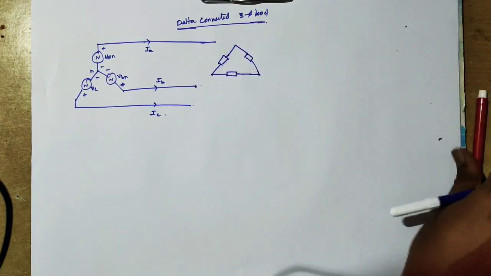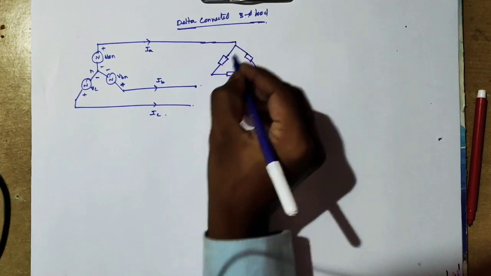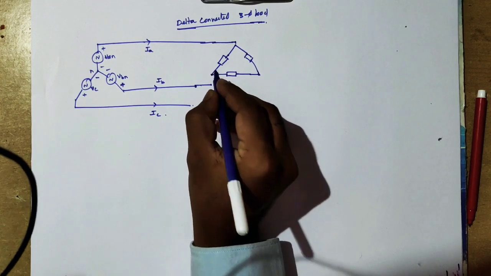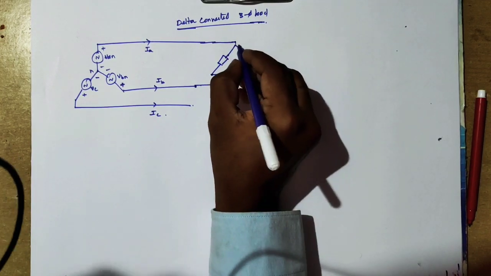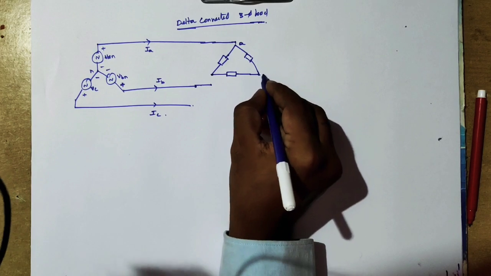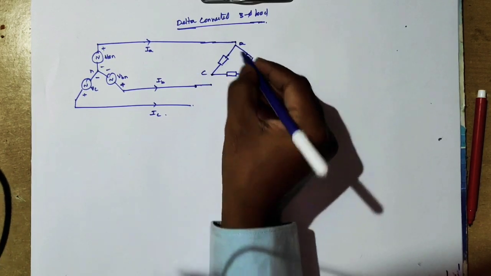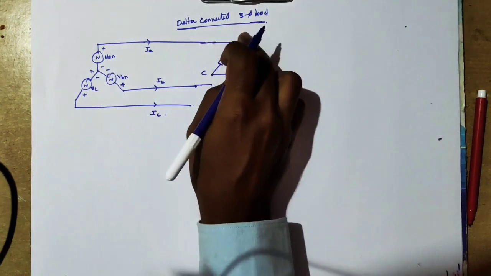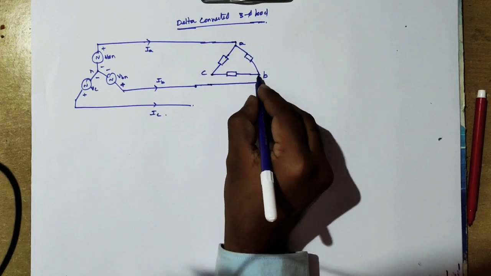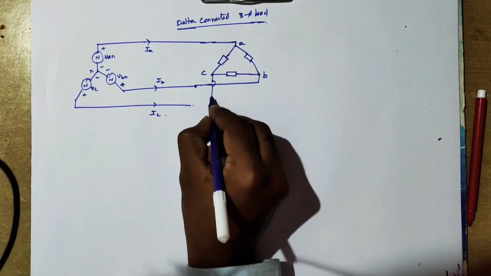It may be anything, but for the time being, it is just a load. This is A, this is B, and this is C. So the A line is connected like this, B like this, and C like this.